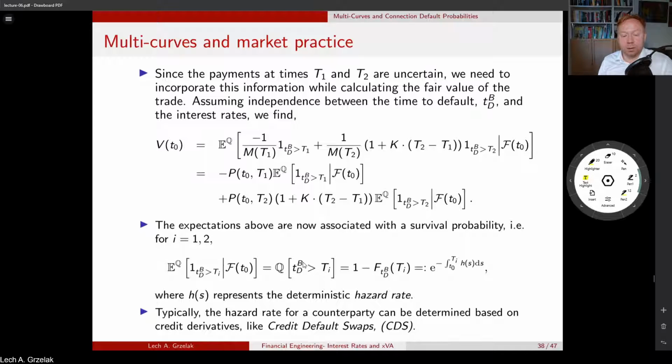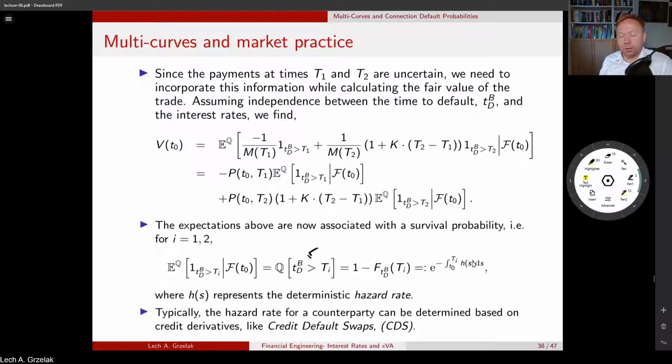The cumulative distribution function would have a less-or-equal sign here, so here we have the so-called survival probability: what is the probability that the party will still be alive at time ti? This is often associated with a hazard rate, defined as e to the minus integral up to ti of the hazard function. This is the convention for how we typically associate probabilities of default and hazard rates.